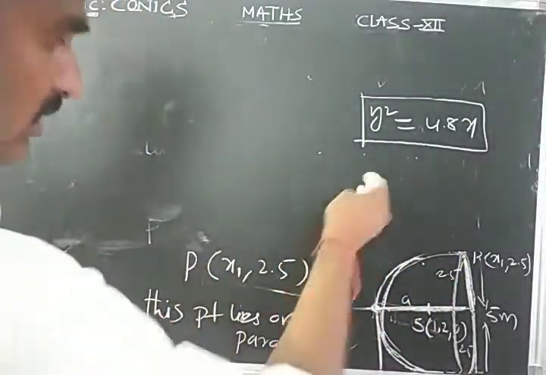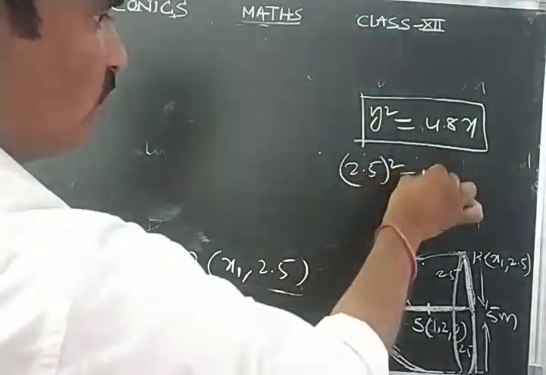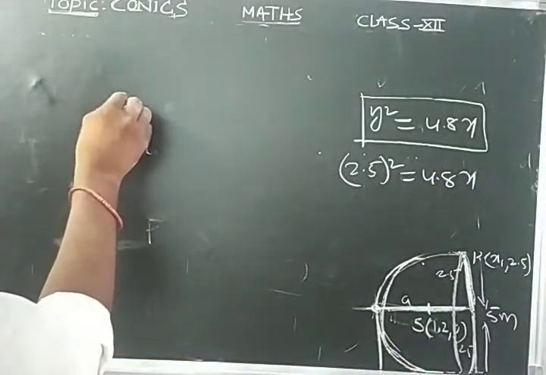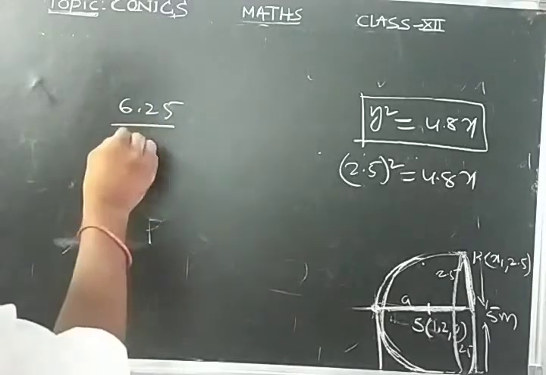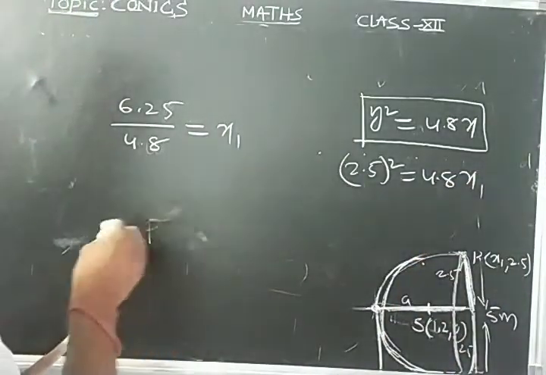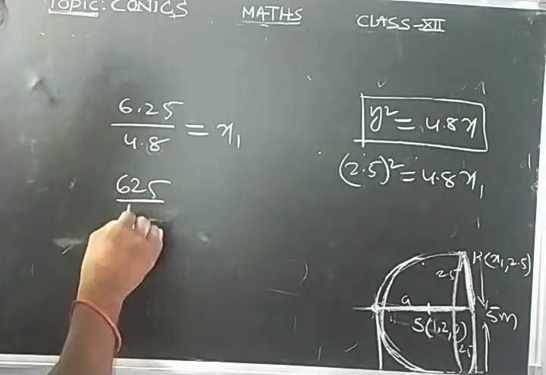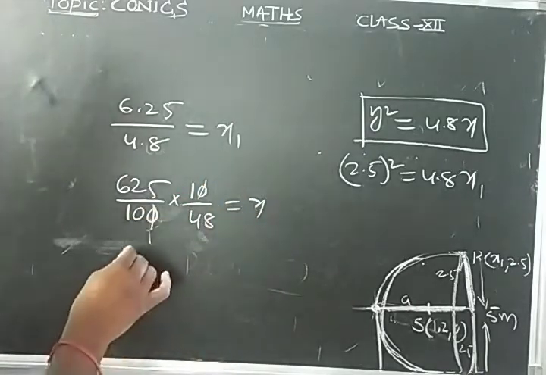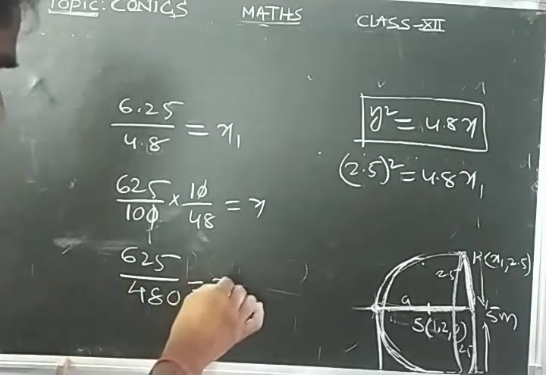The y value 2.5, whole square, is equal to 4.8 into x1. 2.5 squared is 6.25. So 6.25 by 4.8 is equal to x1. Simplifying, 625 by 480 is equal to x1.